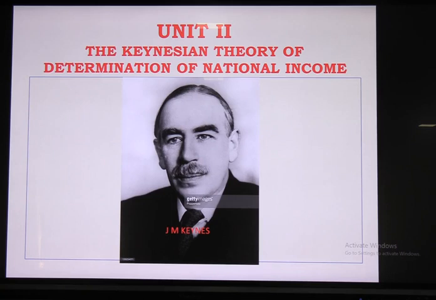So now in this unit, we are going to discuss how we can determine the equilibrium national income through the Keynesian model. Here Keynes introduced three models to determine national income: the two sector model, the three sector model, and the four sector model.